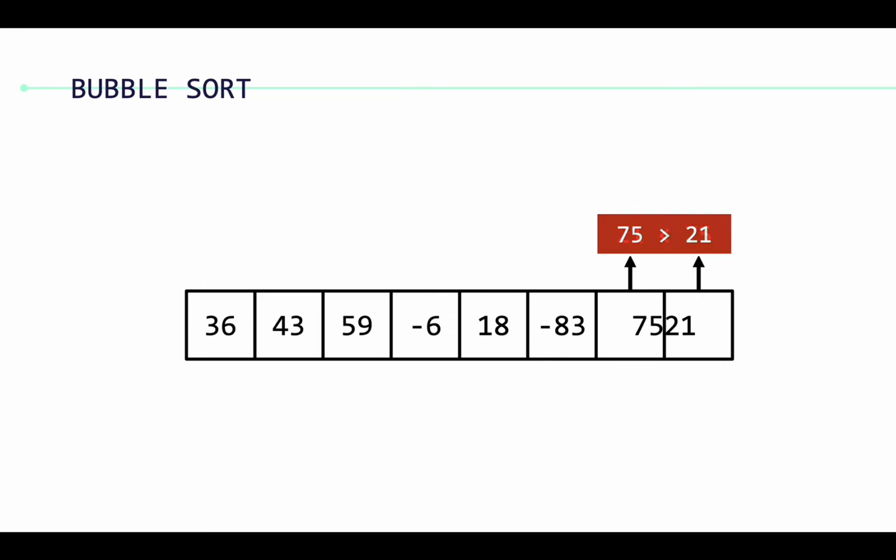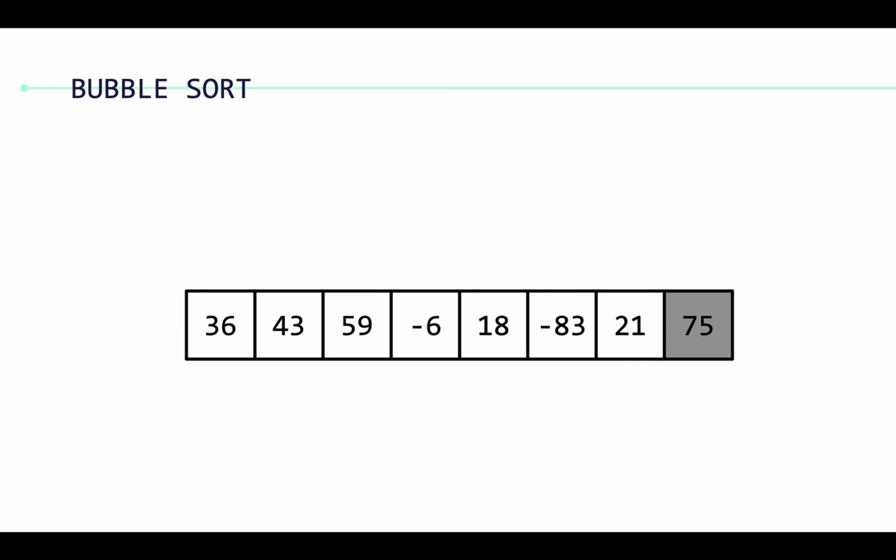swap it. Okay, after a loop of bubble sorting, we can see that the number 75 is already in the correct position, which means that it is larger than all of the elements before it. So in the next loop, we don't need to swap the number 75 anymore, so we can skip it.